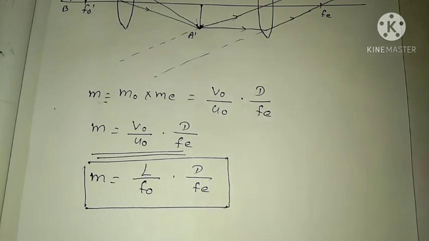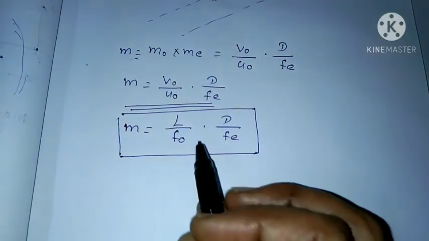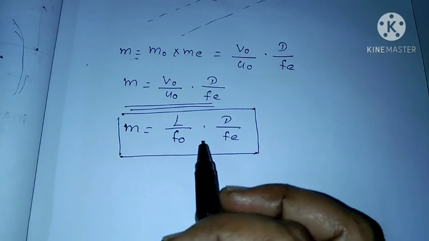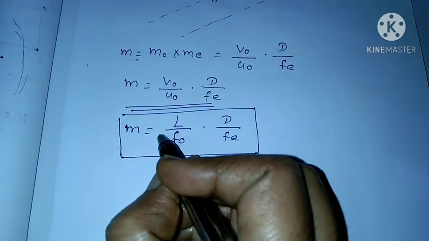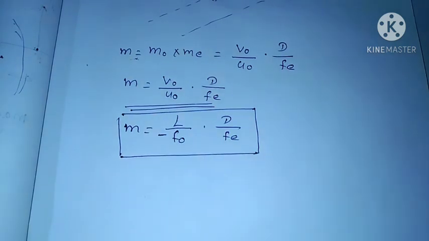Clear? By applying the sign convention, U0 equal to minus F0, so we put the minus sign here. So once again, the magnification for the compound microscope when the image is at the least distance of distinct vision is M equal to L by minus F0 into 1 plus D by Fe, and when the image is at infinity, M equal to L by minus F0 into D by Fe. Clear?